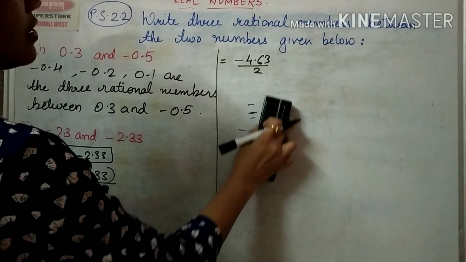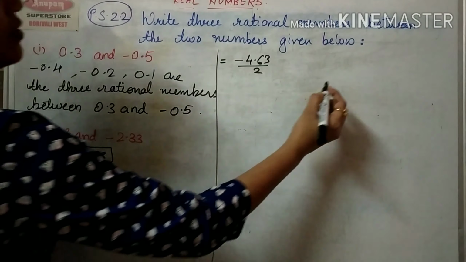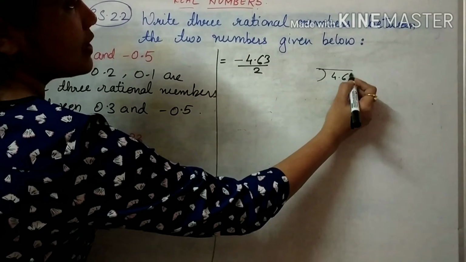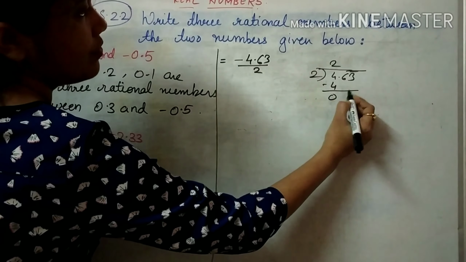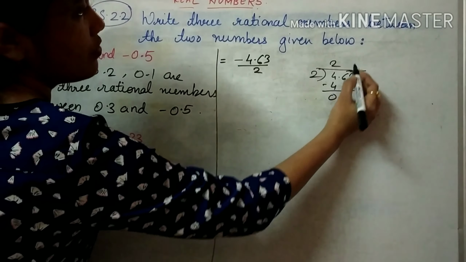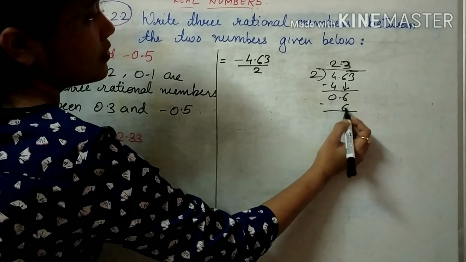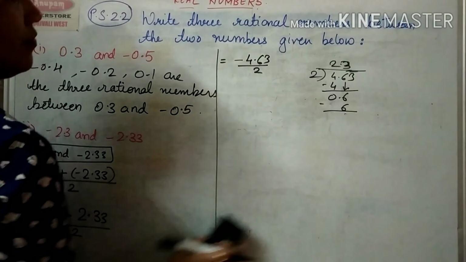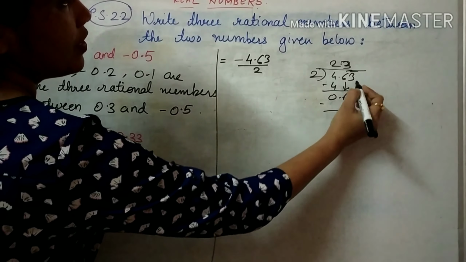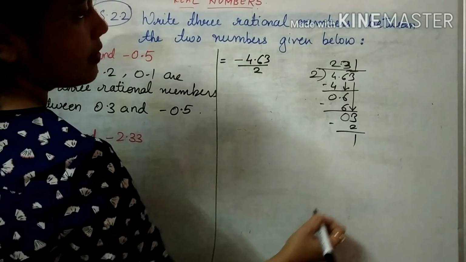Now when I do this in the rough, 4.63 divided by 2. 2 2s are 4, 0. This comes down, 2 3s are 6. 0. 3 comes down, 2 1s are 2, 1 is the remainder.